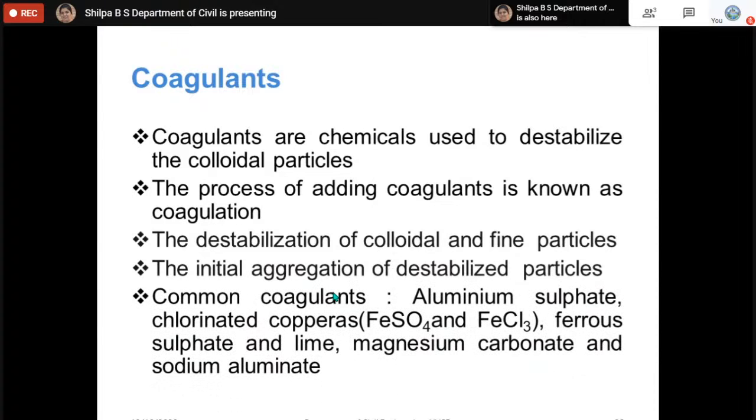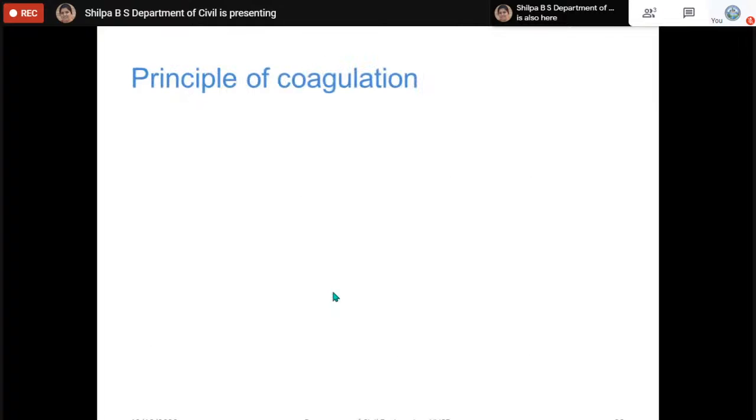The common coagulants used in water treatment are aluminum sulfate, commonly known as alum, then chlorinated copperas, which is a mixture of ferrous sulfate and ferric chloride. Then ferrous sulfate and lime can also be used as coagulants, even magnesium carbonate and sodium aluminate.